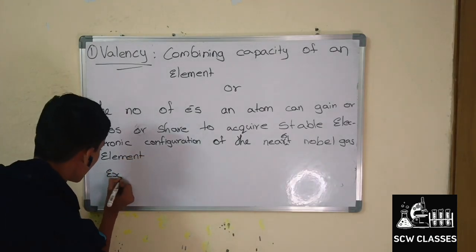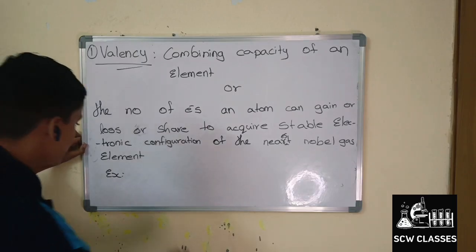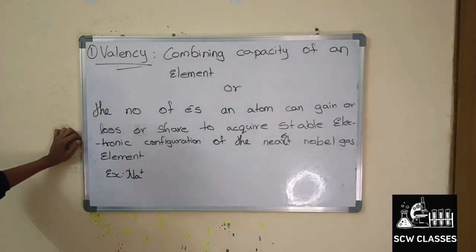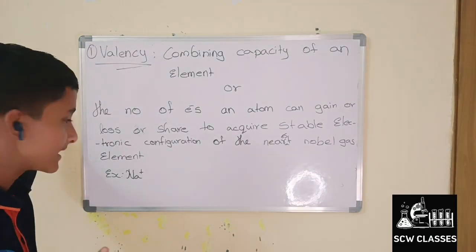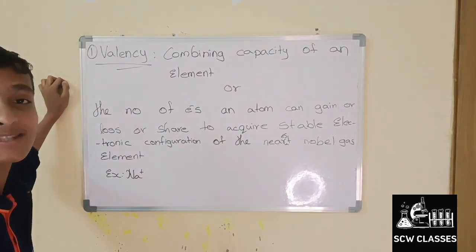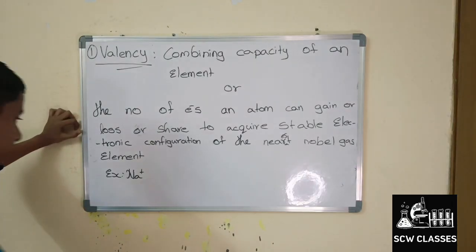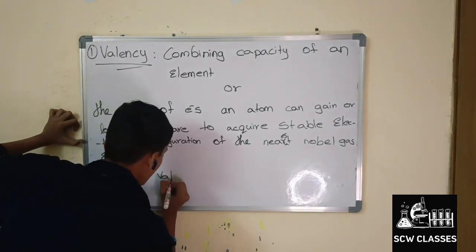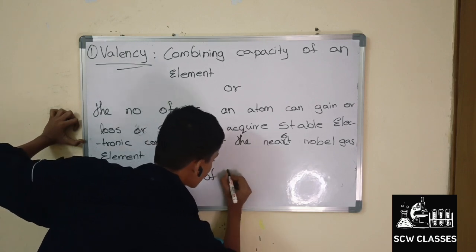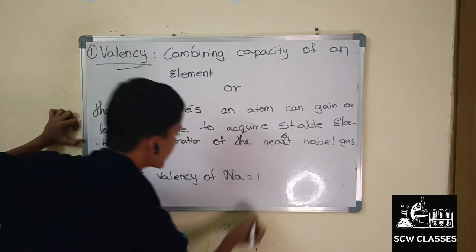Example: Na+. Na+ lost one electron to become stable, so the valency of sodium is 1.